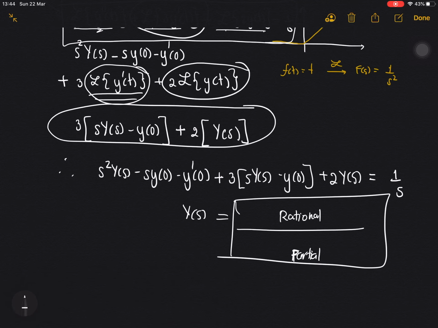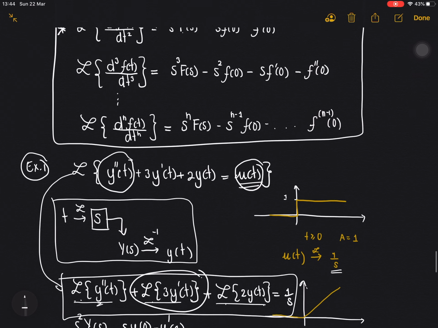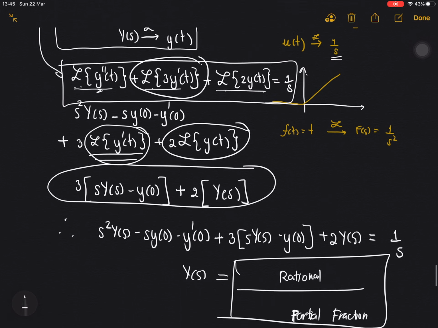You have to apply the partial fraction method after you got the rational functions. So that is the concept of the differentiation of the functions. So basically you just apply the differentiation property back into your ordinary differential equations, and then you solve it out. So let's take a look at the example here.